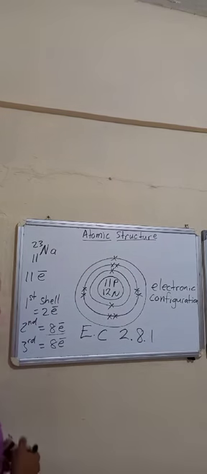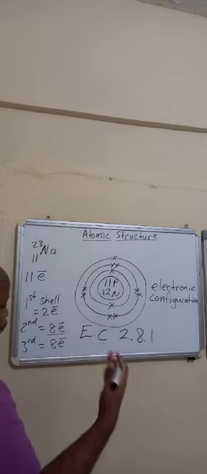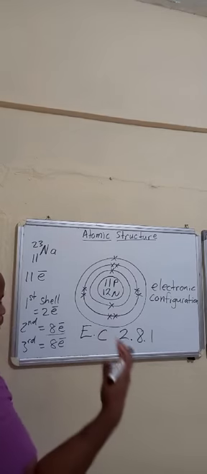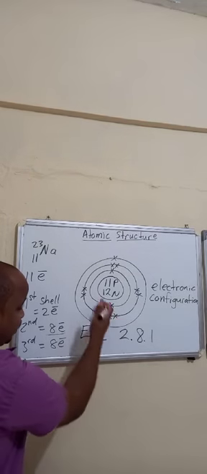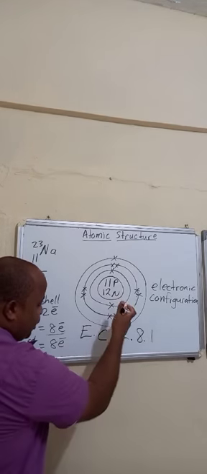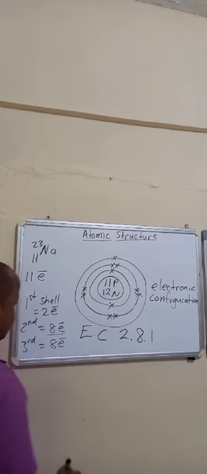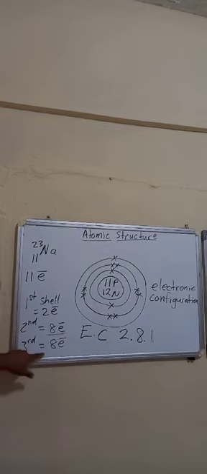So the electronic configuration of an atom is just telling you how many electrons are on each shell. For sodium, the first shell has 2, the second has 8, and the third has 1 electron. This is not the electronic configuration, it is telling you the maximum amount of electrons each shell can hold.